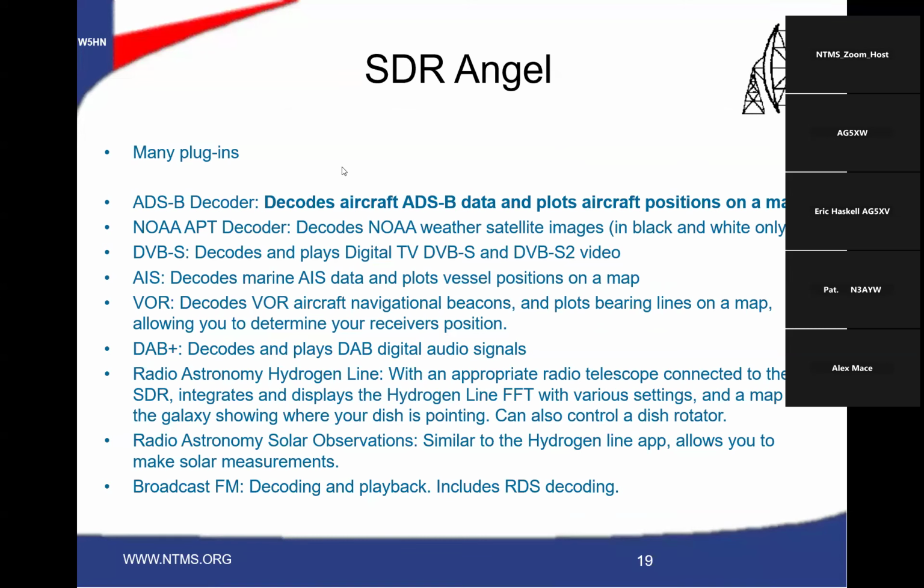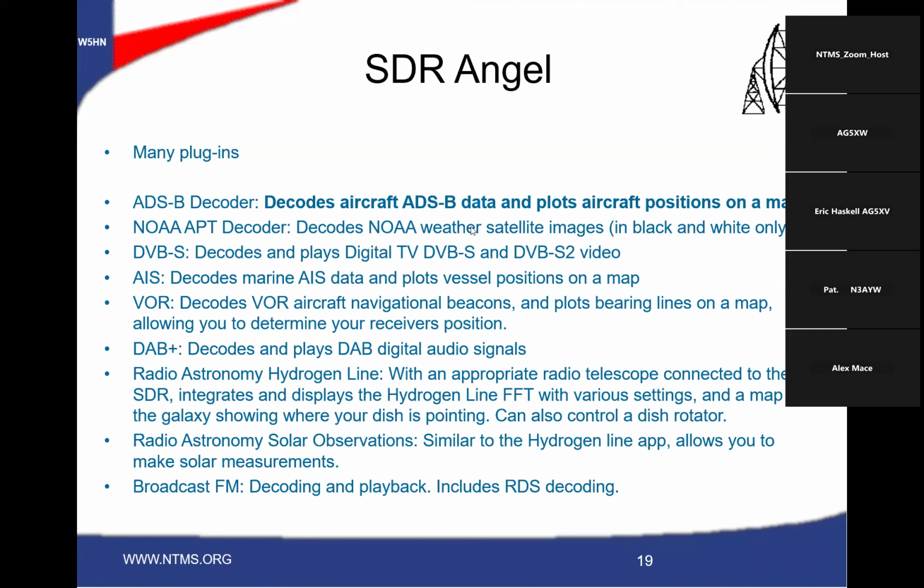SDR Angel. I saved this one to the end because to me it has the most functionality that you could find and use in these prepackaged clients. So I'm going to demonstrate this aircraft ADS-B data.